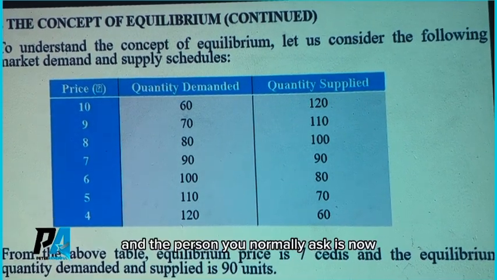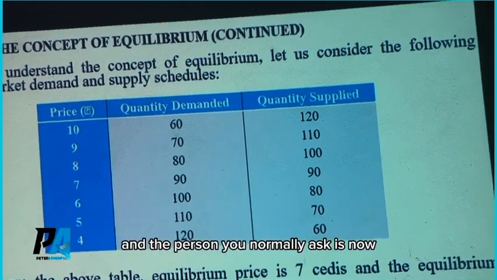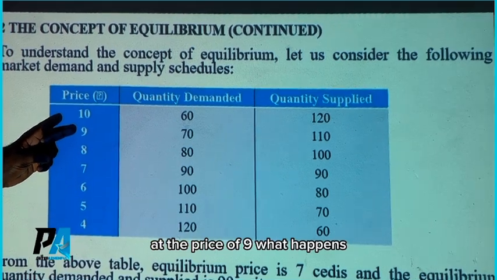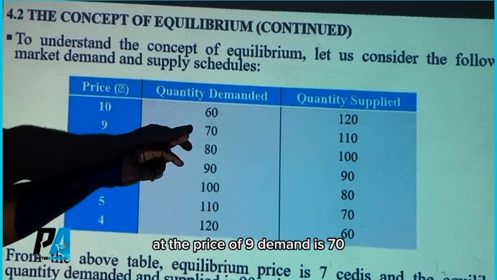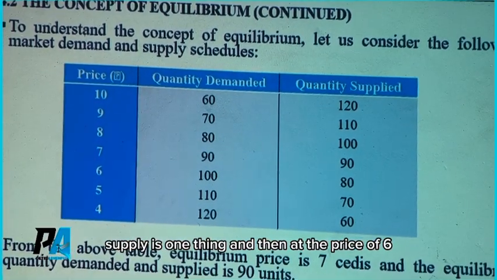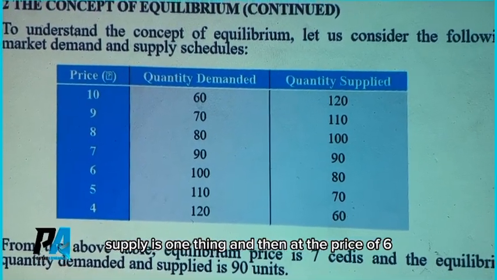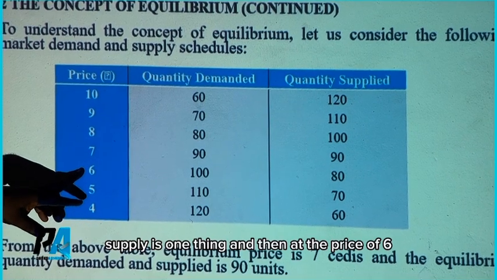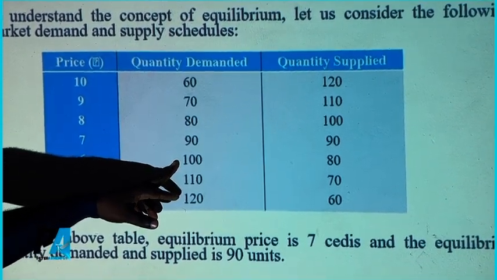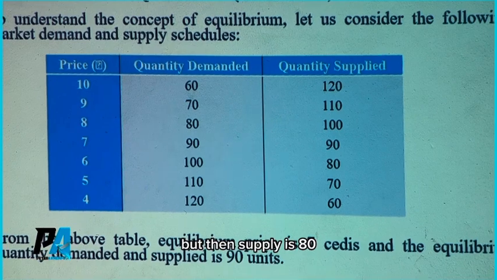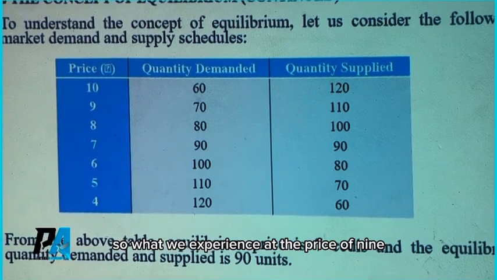The question we normally ask is, at the price of 9, what happens? At the price of 9, demand is 70, supply is 110. And at the price of 6, demand is 100, but supply is 80. So, what do we experience?